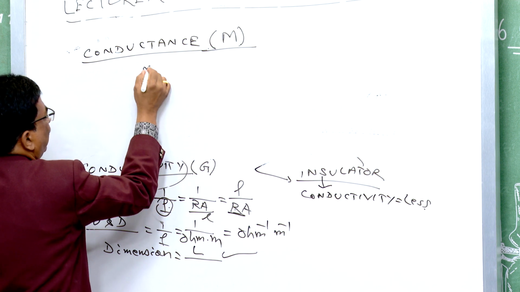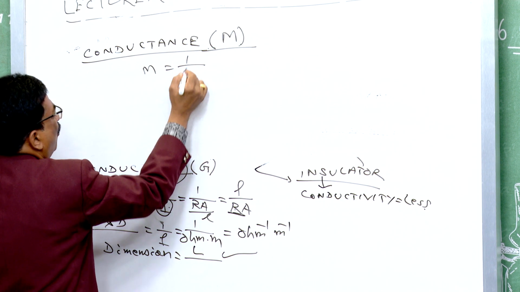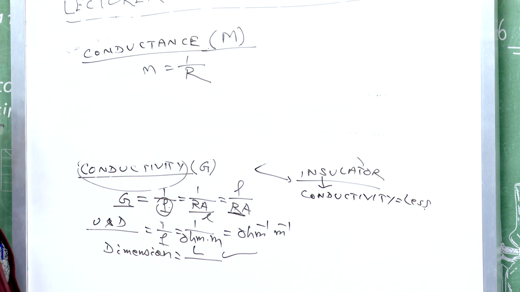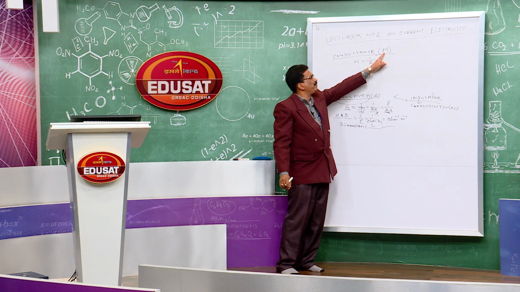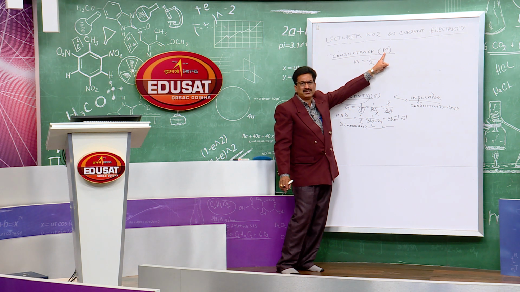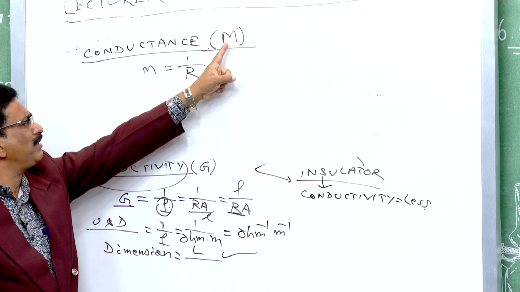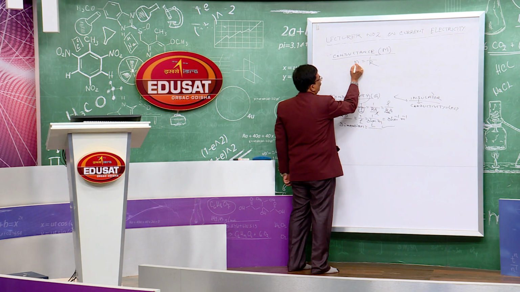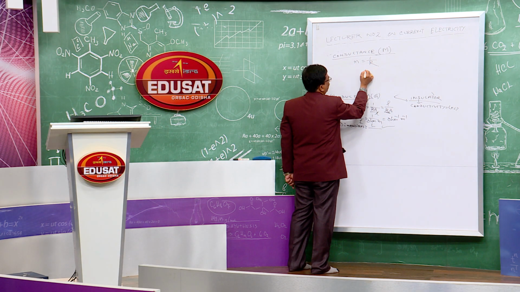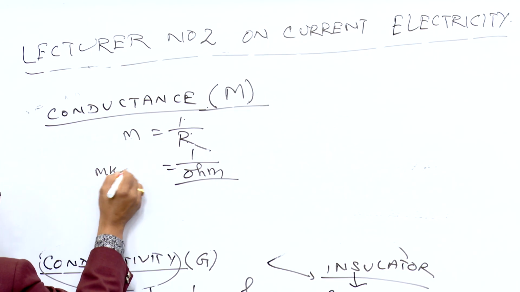Conductance is defined as the reciprocal of the resistance. The symbol does not matter, whatever symbol you write, but the pronunciation should be the same as the original one. So M is equal to 1 by R, where the unit of R is the ohm.